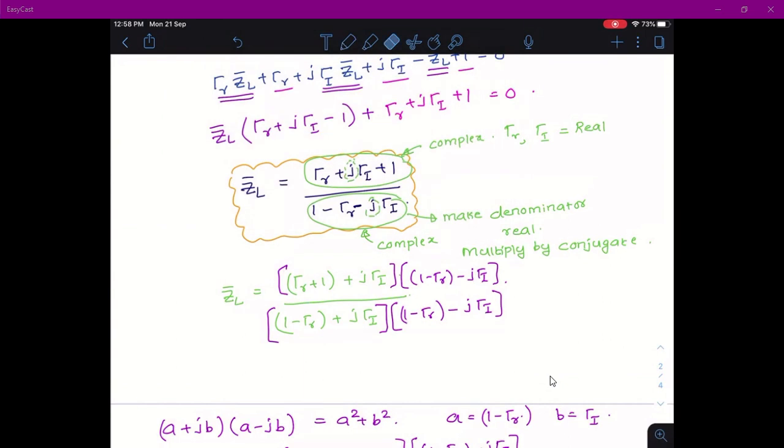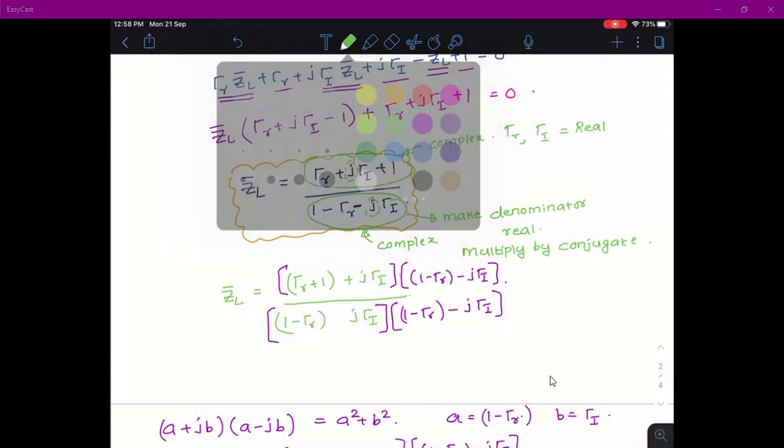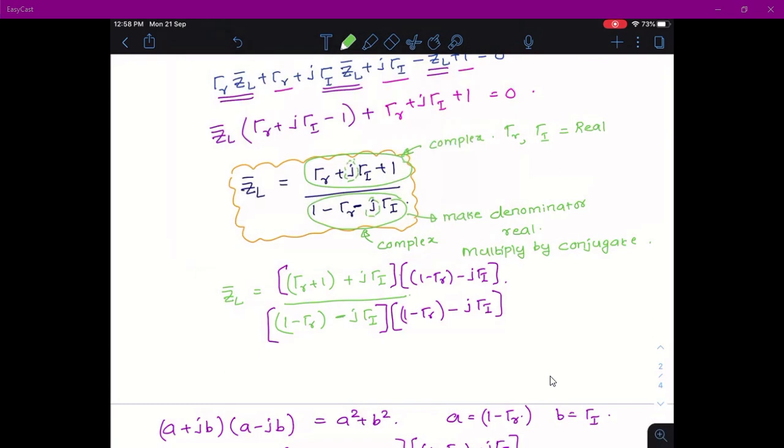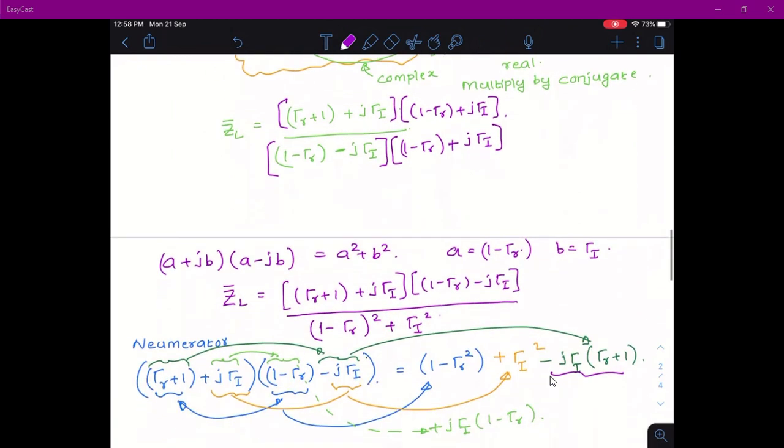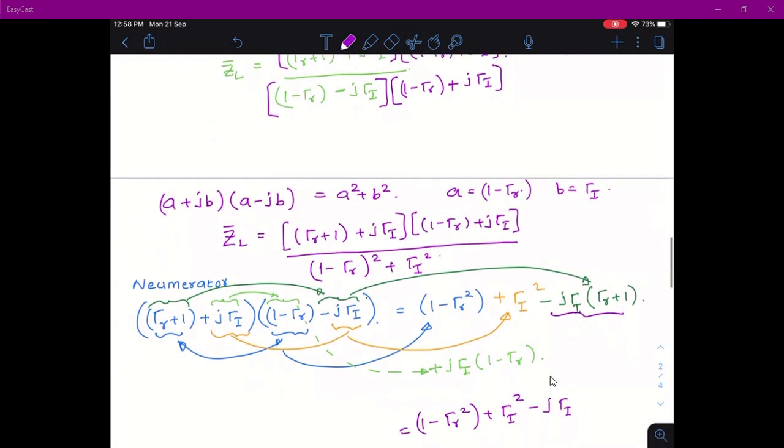Similarly, this should be minus. So when you want to multiply the conjugate, you need to multiply with plus. Okay, and then you will have a plus here, so the denominator remains the same.